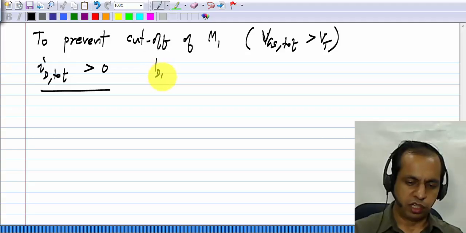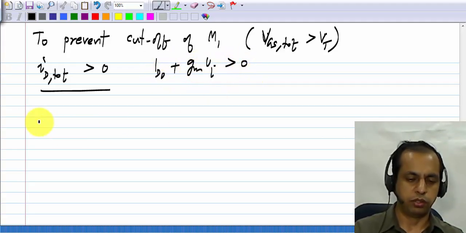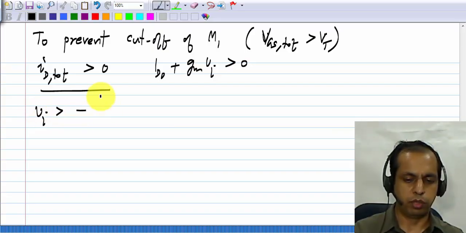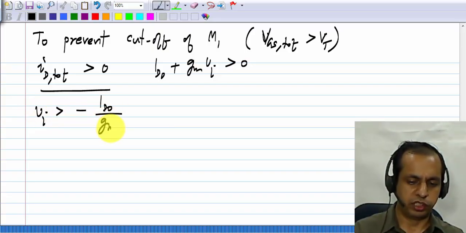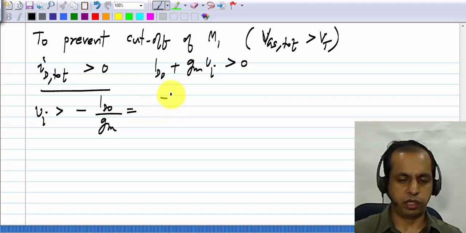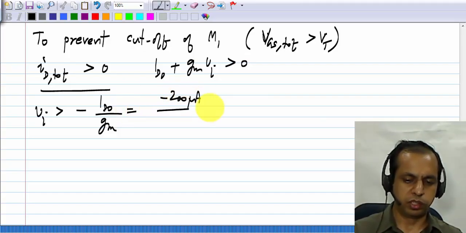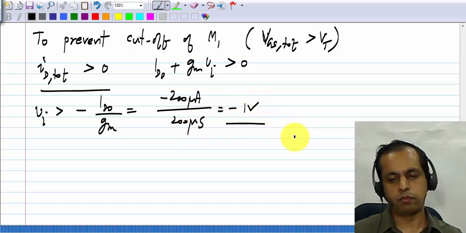Which means that ID0 plus gm Vi has to be greater than 0, or Vi has to be greater than minus ID0 by gm, and in our case it is minus 200 microamperes by 200 microsiemens, which is minus 1 volt.